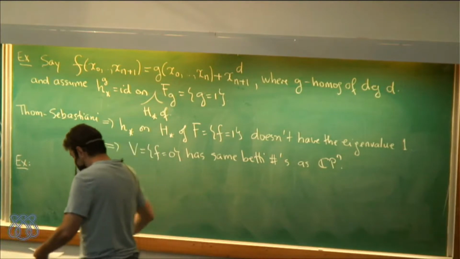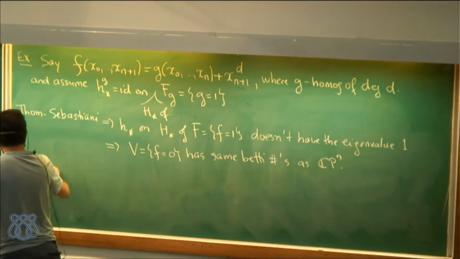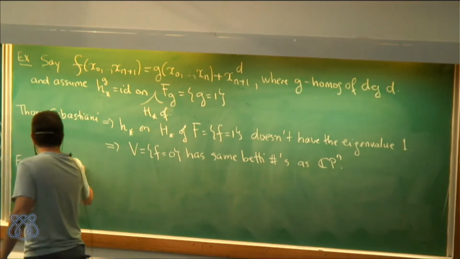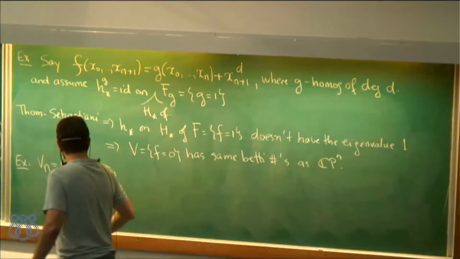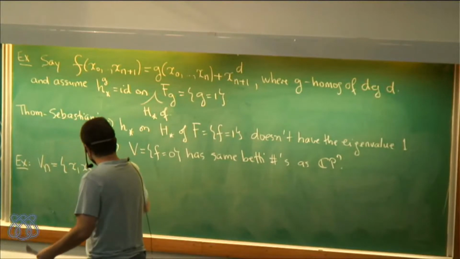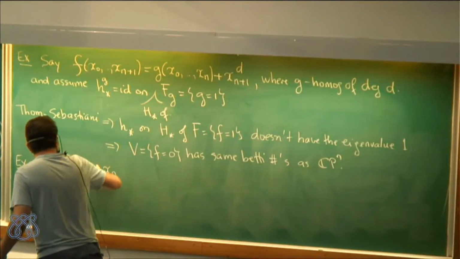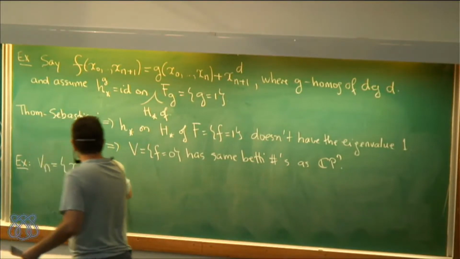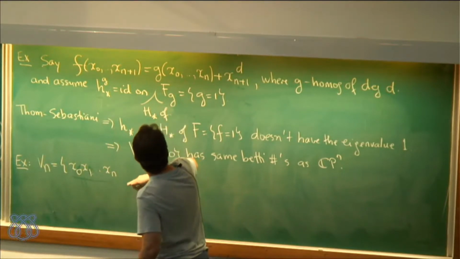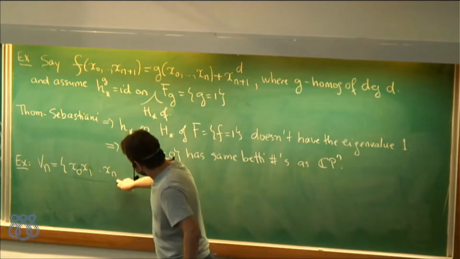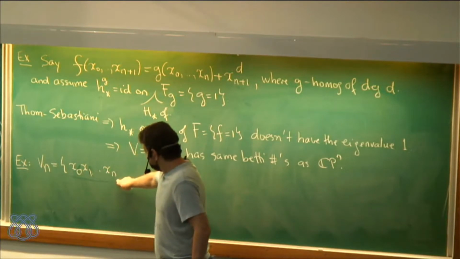So first, this I put already on the slides. Take x0, x1, ..., xn. So now this is a polynomial in the variables up to xn of degree n+1.